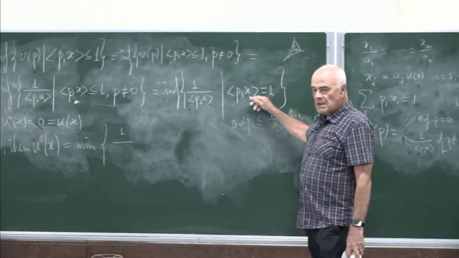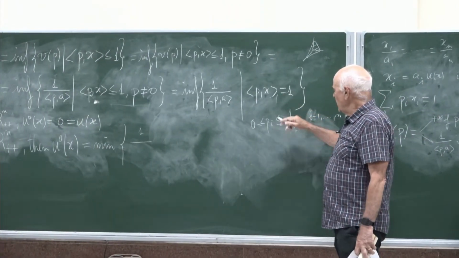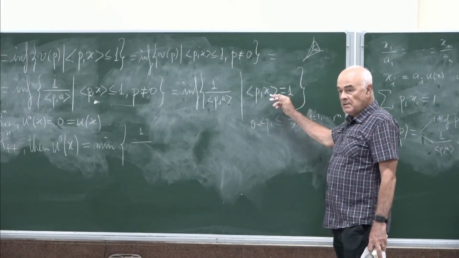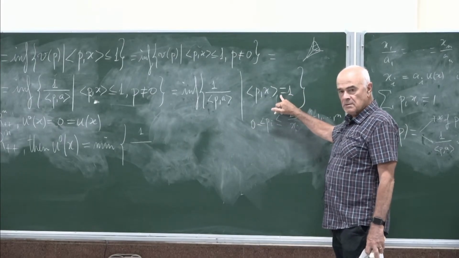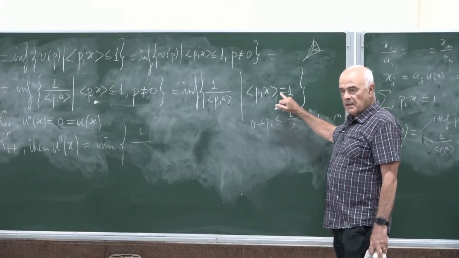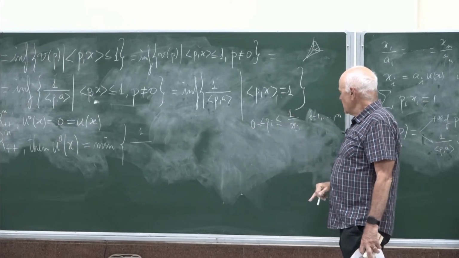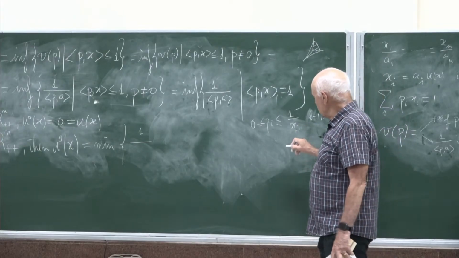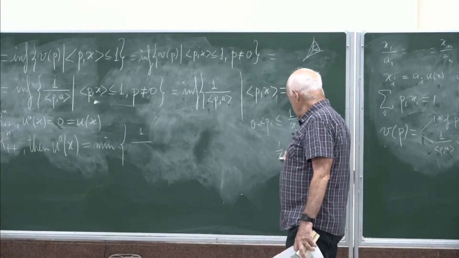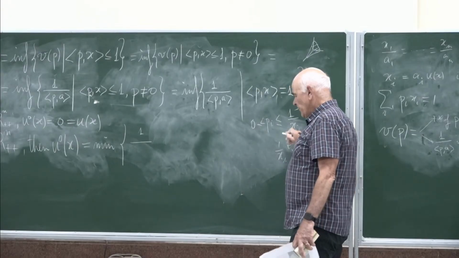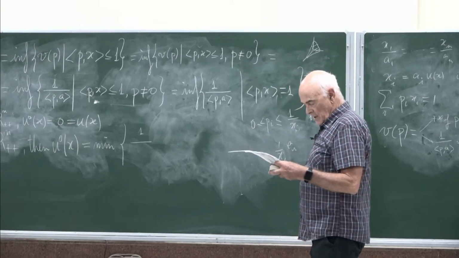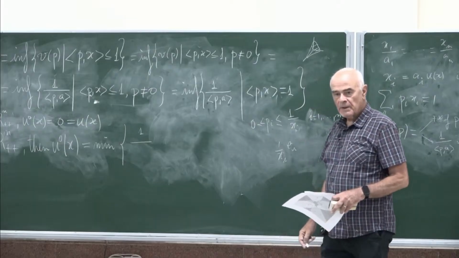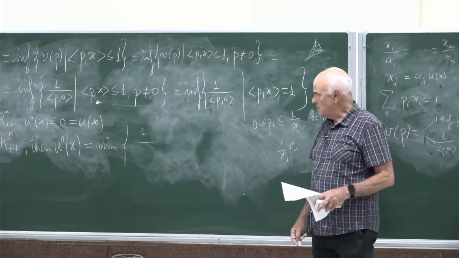The vertices are obtained when all the variables except one, because there is only one equality, are equal to 0. So the vertices are of the type 1 over x_i e_i, e_i being the ith unit vector, as usual.